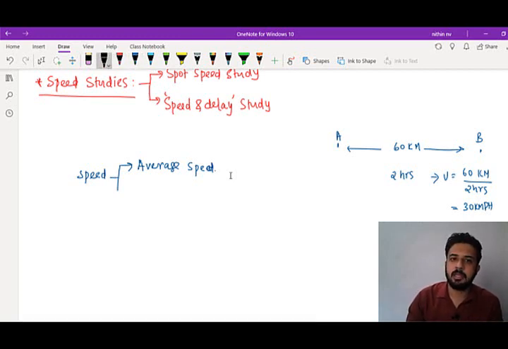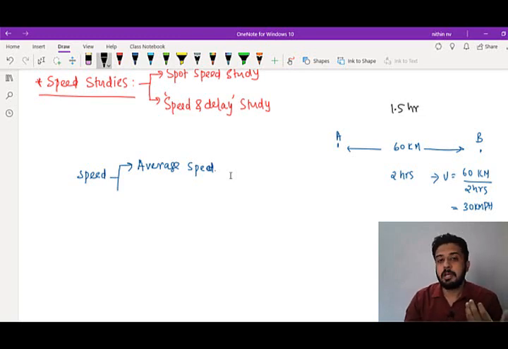Now if I tell you another case, suppose during this 2 hours, the vehicle has stopped for half an hour for any purpose, maybe for shopping, or he stopped somewhere after seeing his friend, or in between for a few minutes he got a red signal at the intersection. Like that, he was traveling only for 1.5 hours, or his vehicle was under motion only for 1.5 hours, and the remaining 30 minutes was completely delay.